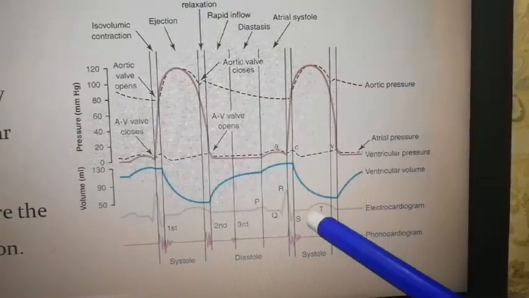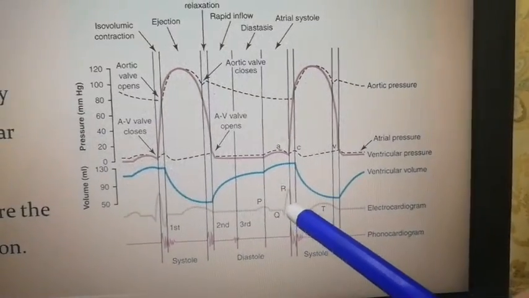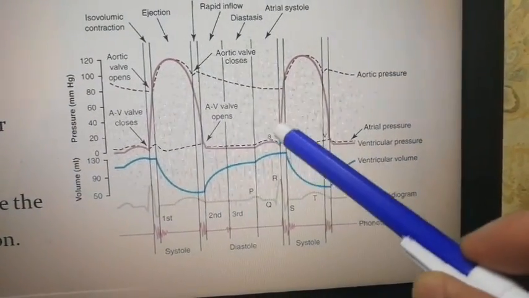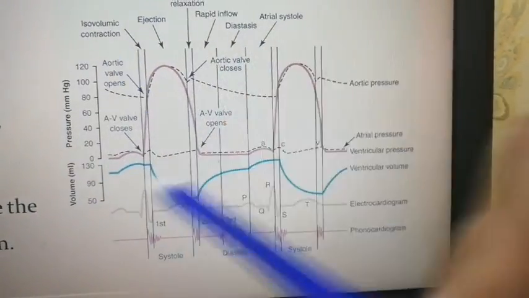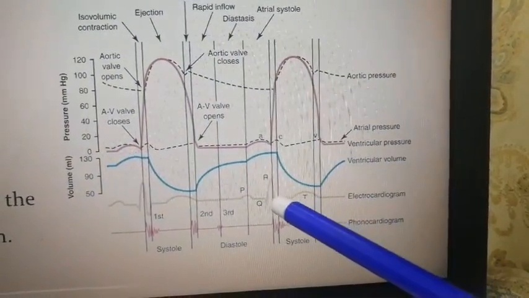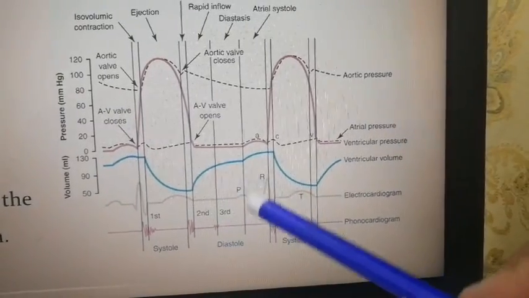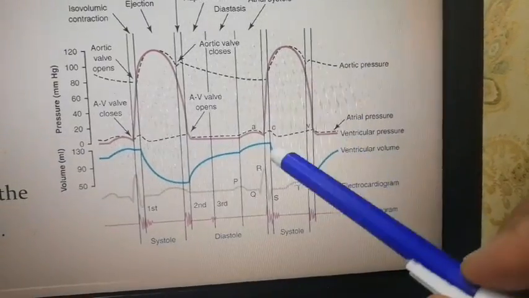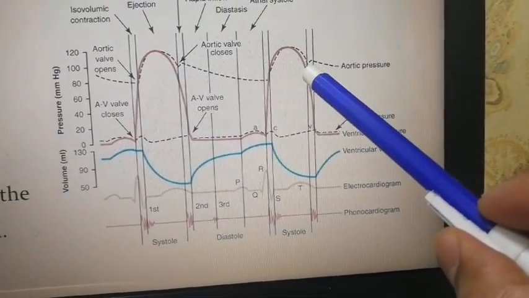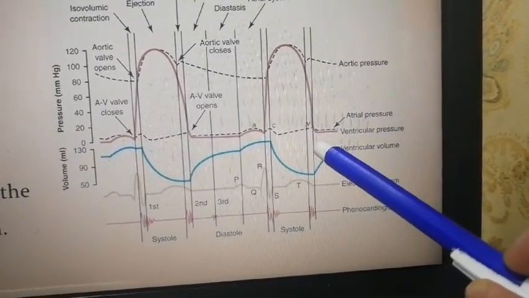And the QRS complex is just before isovolumetric contraction. This is isovolumetric contraction, so the QRS complex is just before it, and the T wave is just before isovolumetric relaxation.